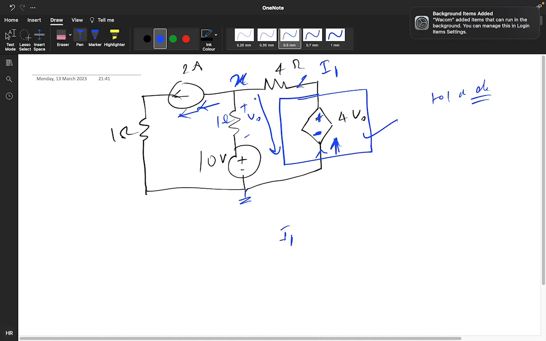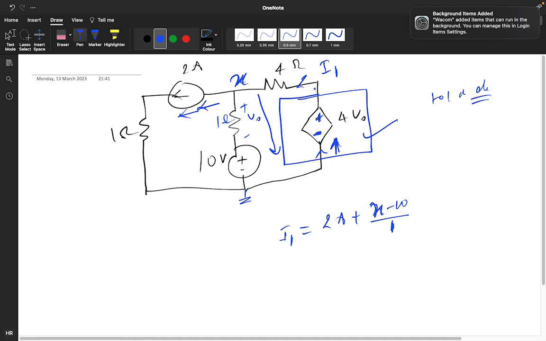If you take the KVL in this, I1 will be equal to 2 ampere plus (x minus 10) divided by 1. So you are getting the value of I1.